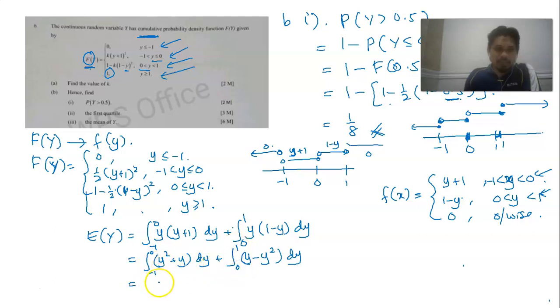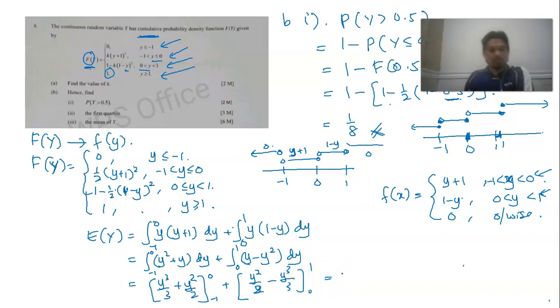So that is now y cubed divided by 3 plus y square divided by 2 from negative 1 until 0 plus y square divided by 2 minus y cubed divided by 3 from 0 until 1. Okay, you substitute the value of each of these, and please recall your final answer for this should be equal to 0.